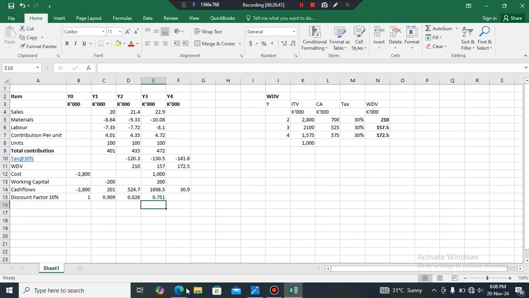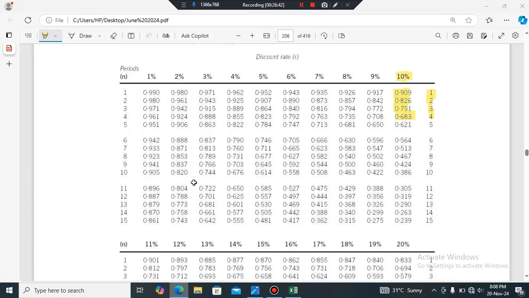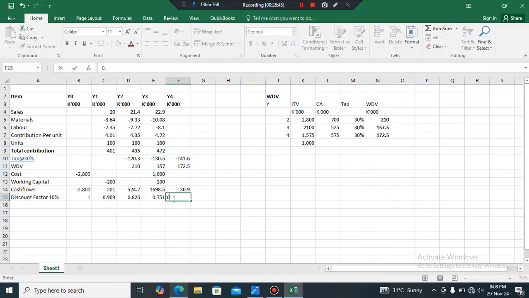And then in year 4, we have 0.683. And then we're going to have what we call discounted cash flows. So now, this 2,800,000 stays like that. It's still a negative.